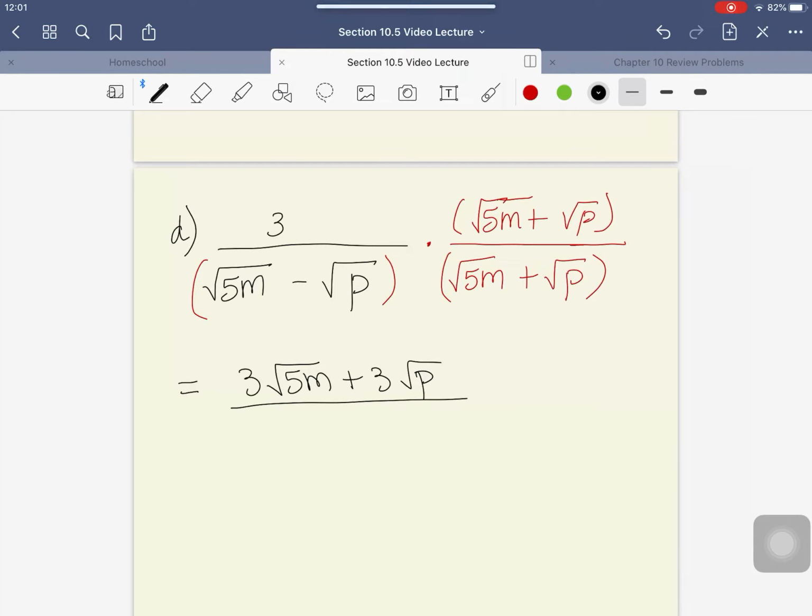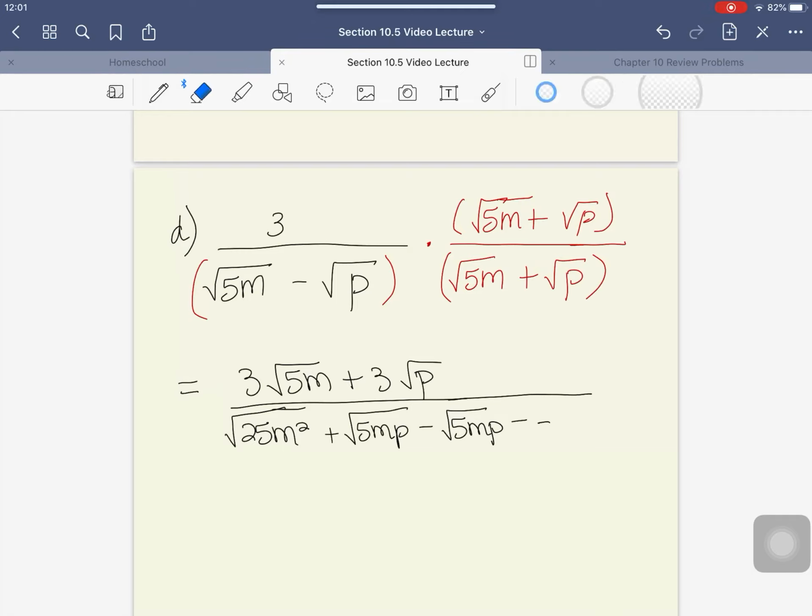In the denominator, FOIL, and it'll be the square root of 25m squared. Outer would be plus the square root of 5mp. Inner would be minus the square root of 5mp. And last would be minus the square root of p squared.